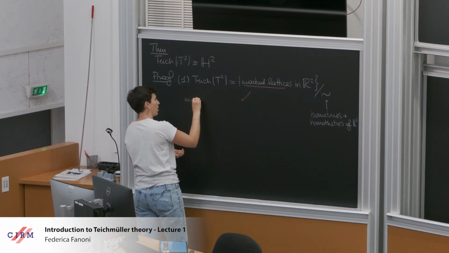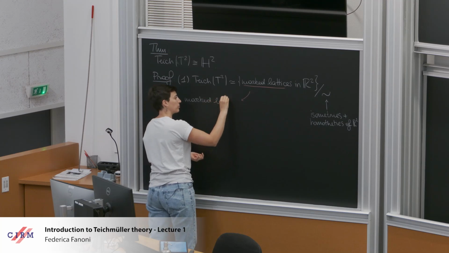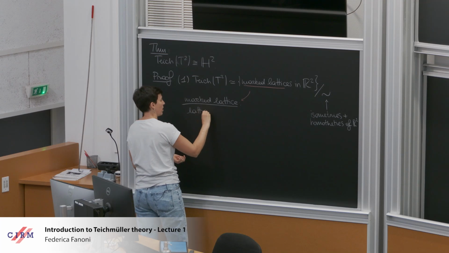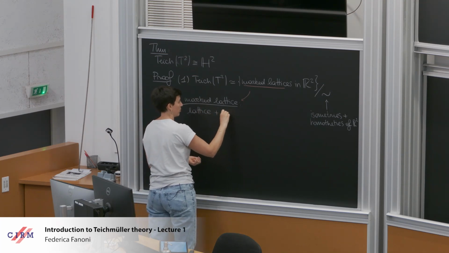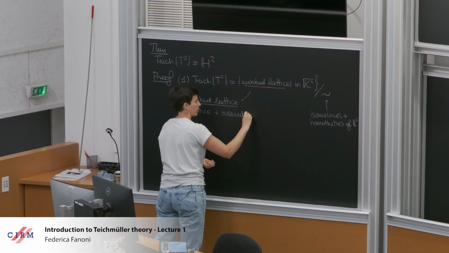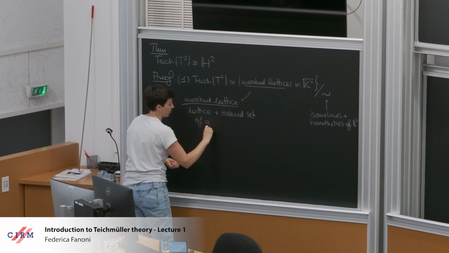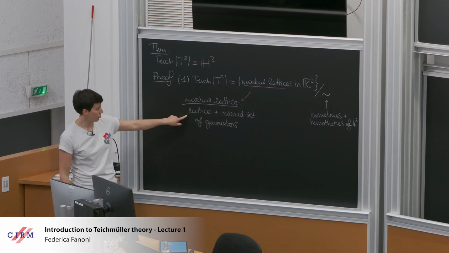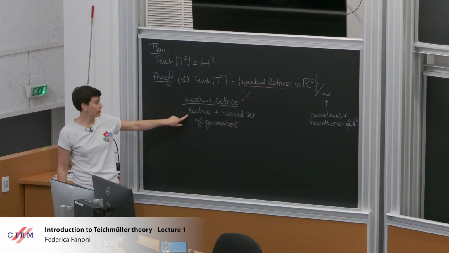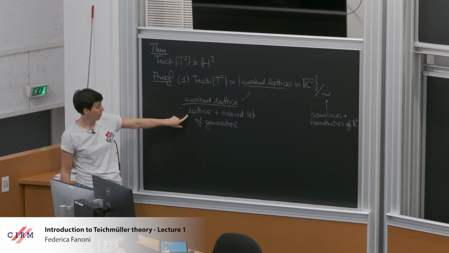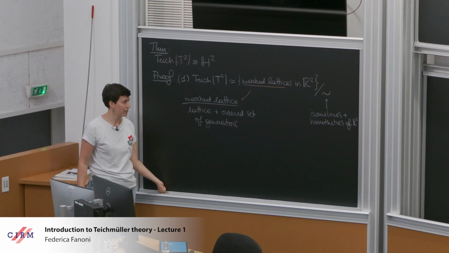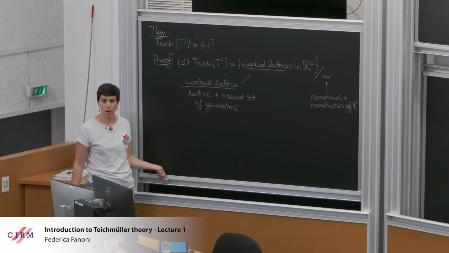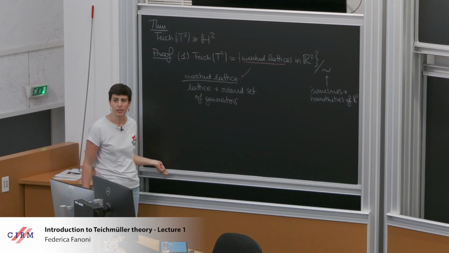Marked is a lattice plus an ordered set of generators. So a lattice in R2, one way of looking at it is I take two linearly independent vectors and I take the Z linear combinations with integral coefficients.